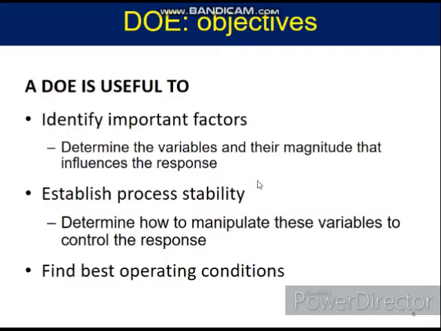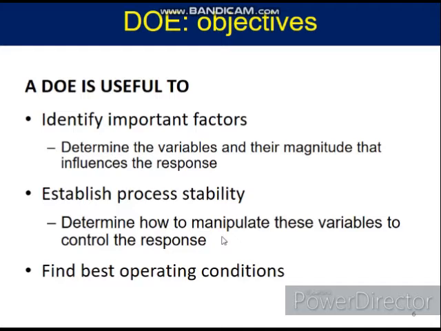So if it's aligned with part of the objective of your research, then DOE might be a good approach for your research. Second is to establish process stability: determine how to manipulate these variables to control the response.